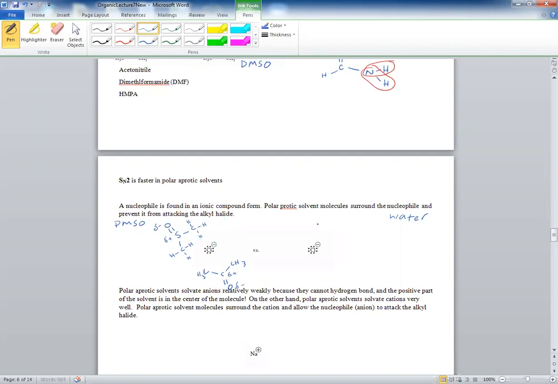Whereas if you have water, look at this now. It would be surrounded heavily. And this is the key. These drawings are meaningless without putting the delta pluses on H. So I'm going to use a different color.